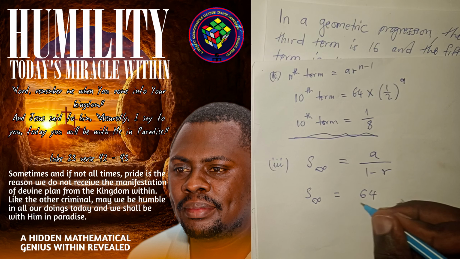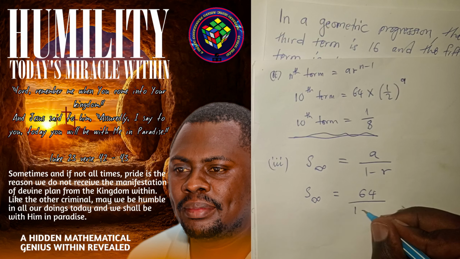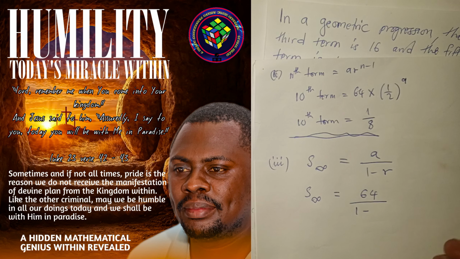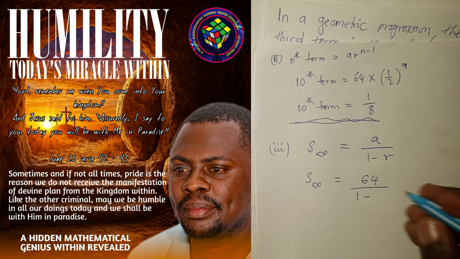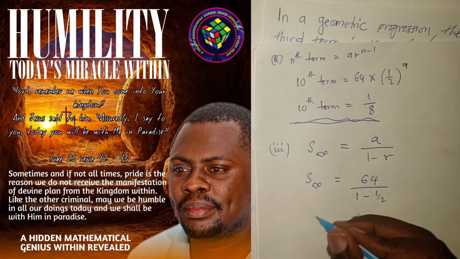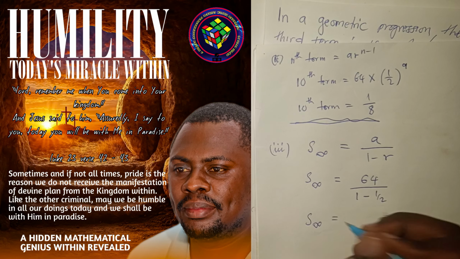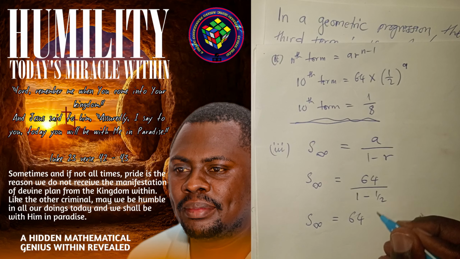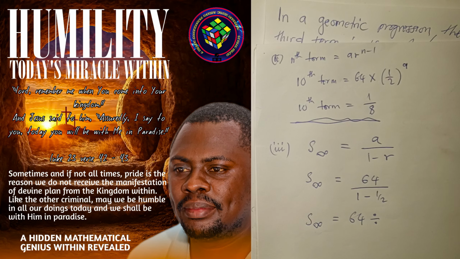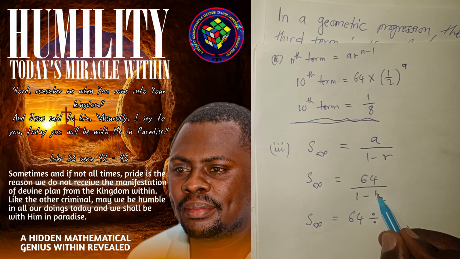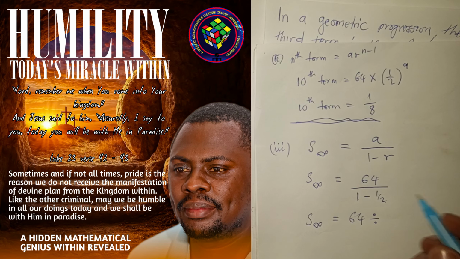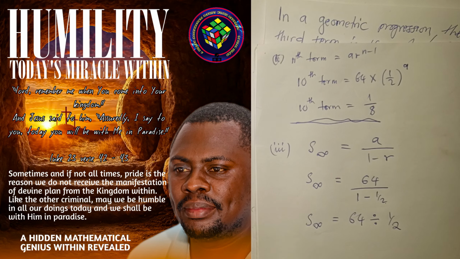So we have 64 over 1 minus r, which is 1 over 2. So 1 minus 1 over 2. Here we say 64 divided by 1 minus 1 over 2. This is 2 multiplied by 1 is 2, minus 1, that is 1, then over 2. So 1 minus 1 over 2 is just 1 over 2.